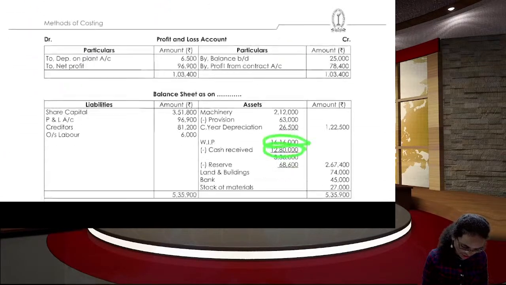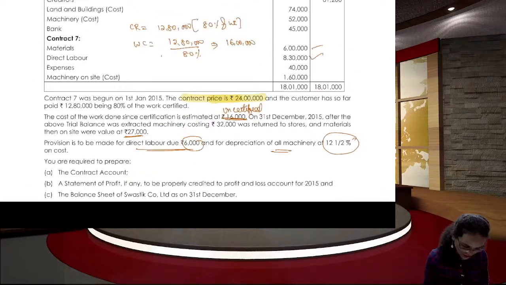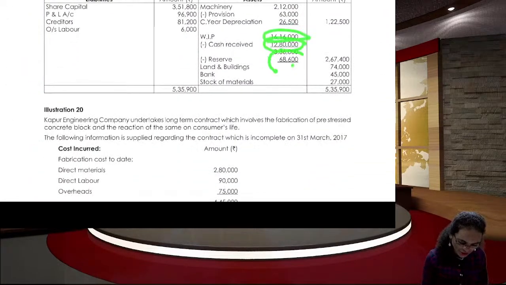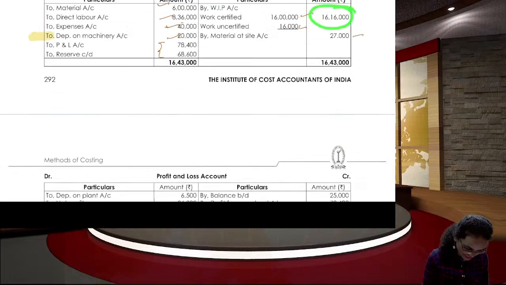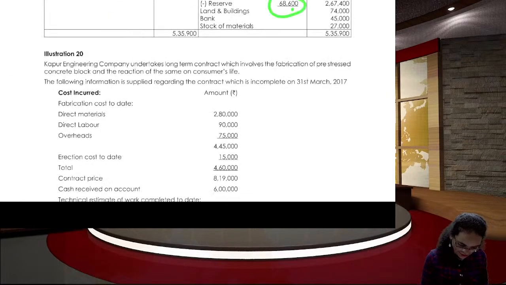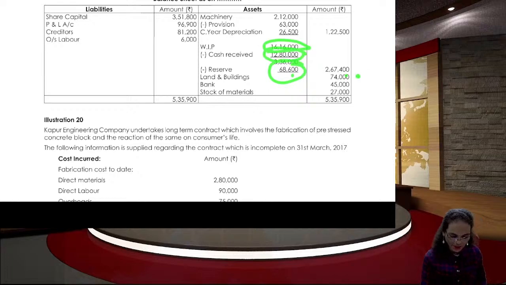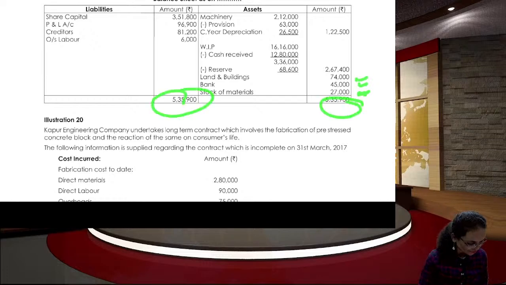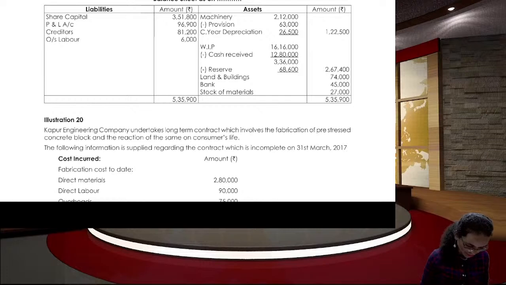Just now we have seen. 12,80,000 was received as cash. From this, reserves 68,600. And next you write the balances, land and building, bank and stock, which are given in the question itself. So this is this one.